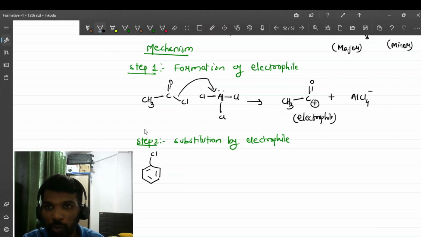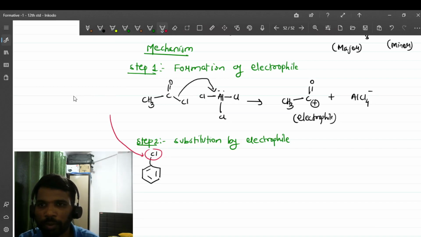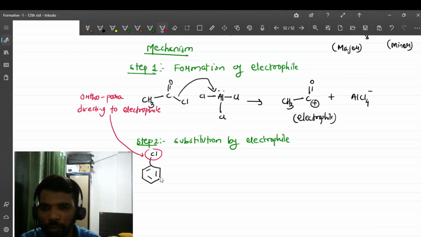And this chlorine is ortho-para directing to the electrophile. So the incoming electrophile will get substituted here, here, or here. These two positions are equivalent, right?